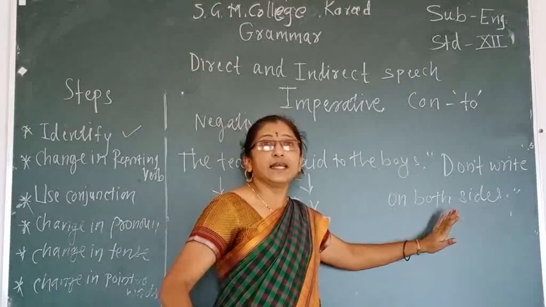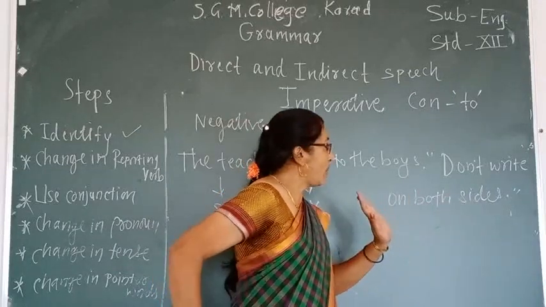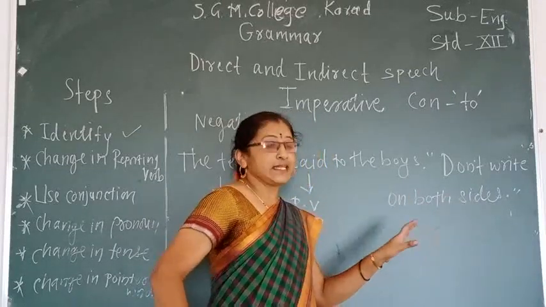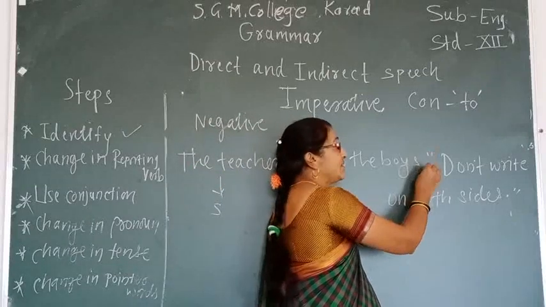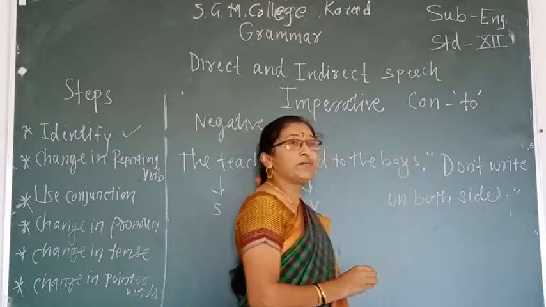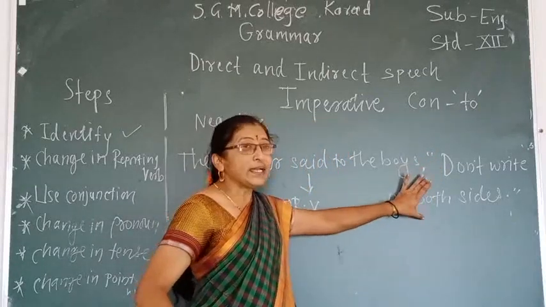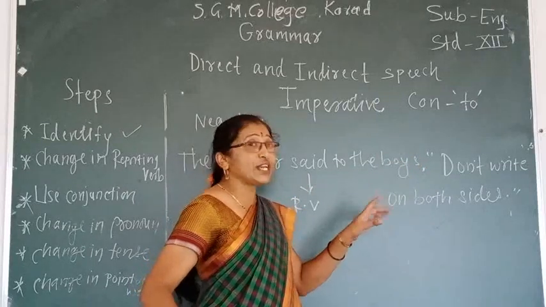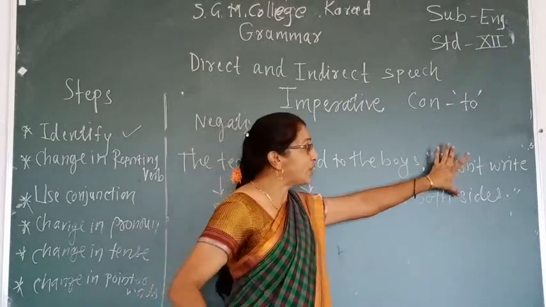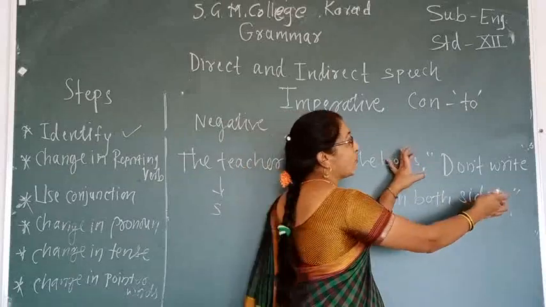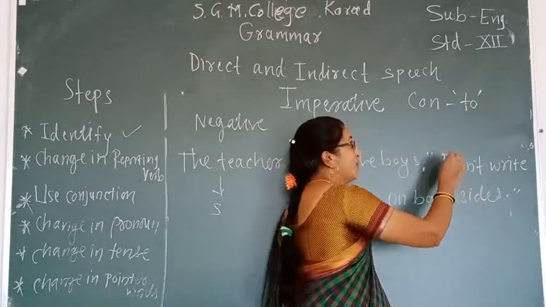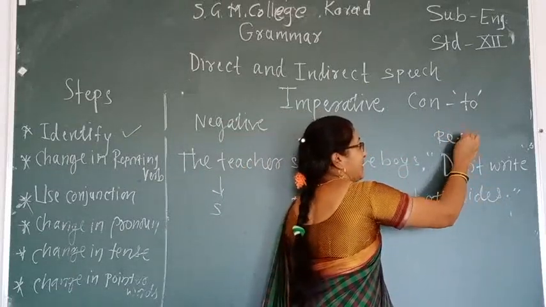Again in this sentence there is no pointer word. In imperative sentences there is no change in the tense. Always remember students, in the imperative sentence there is no change in the tense of the reported speech.